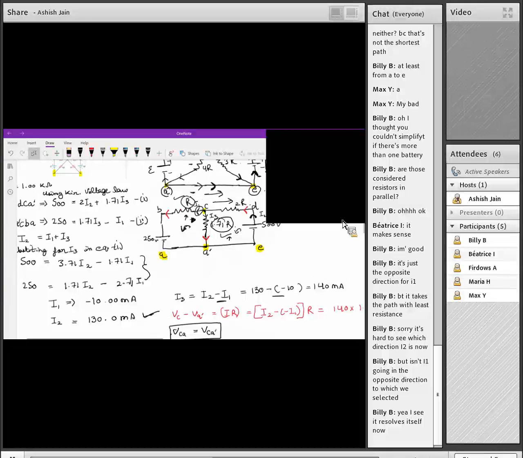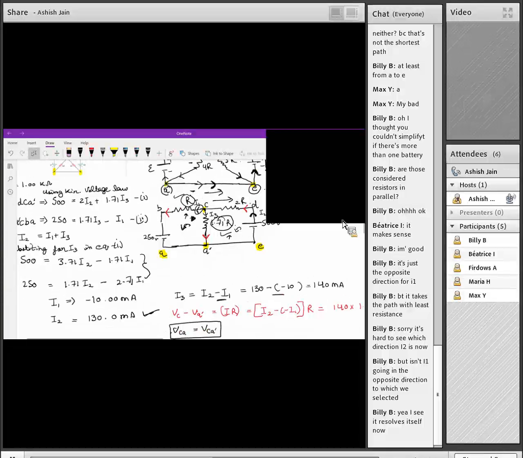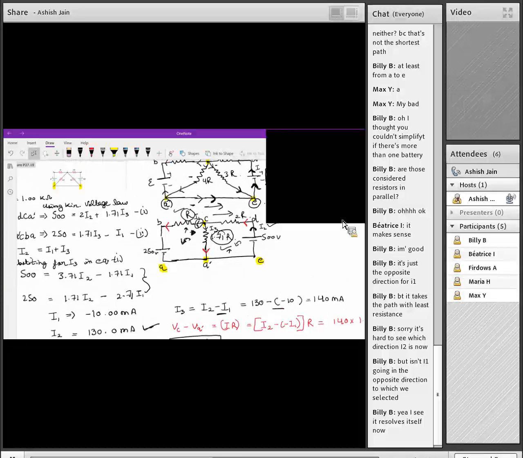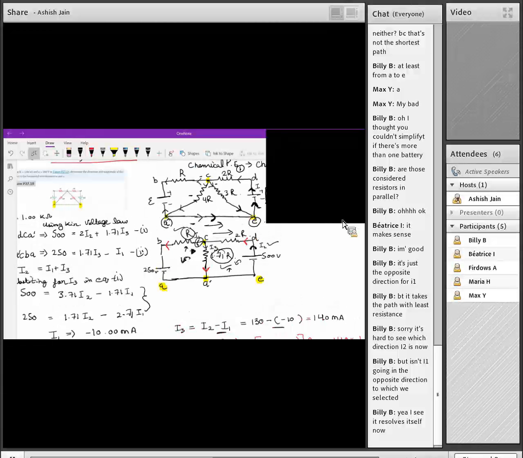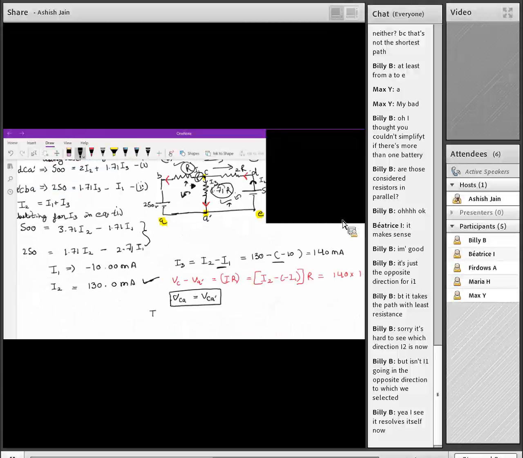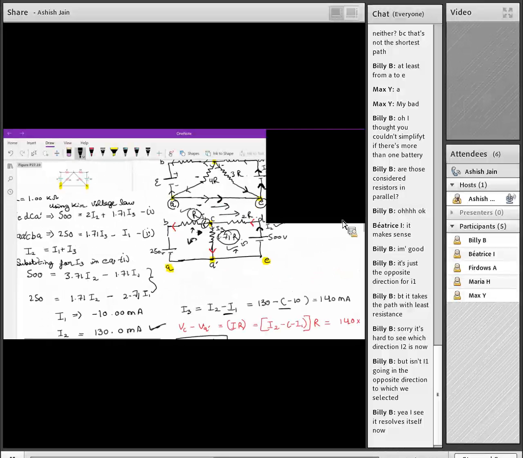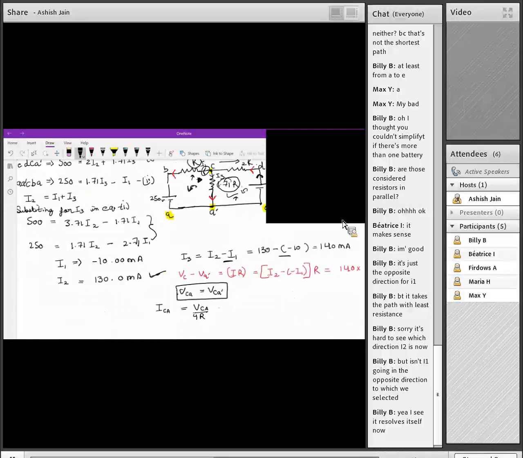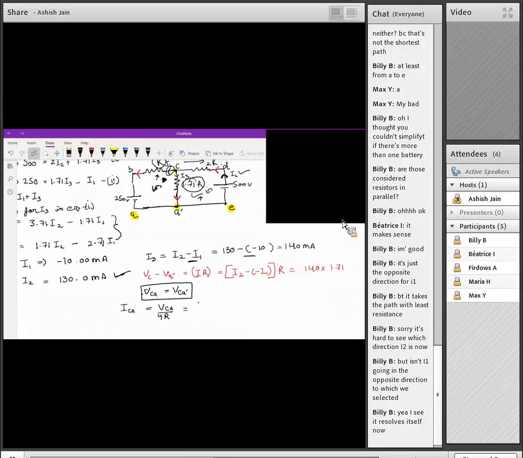So now the current through the arm CA, ICA is VCA divided by 4R, that is 140 into 1.71 divided by 4.